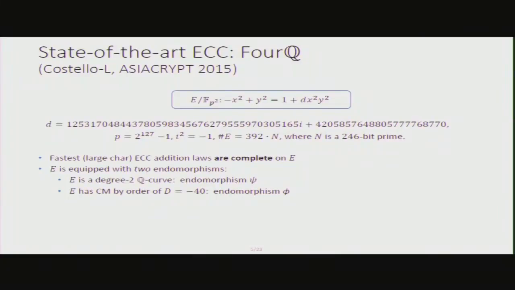And just to give you a rough idea, an endomorphism can be thought of as a shortcut when you compute the scalar multiplication that maps a point on the curve to another point, let's say in the middle or a quarter of the whole computation of a scalar multiplication.